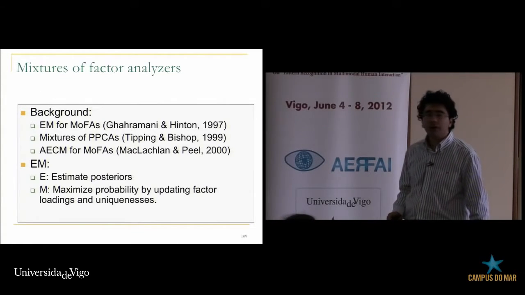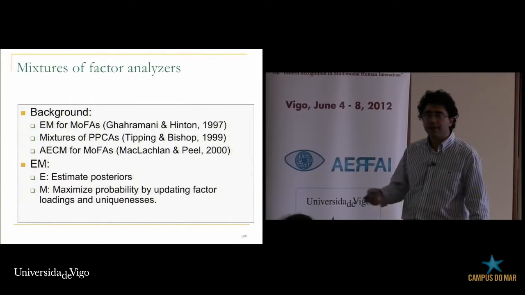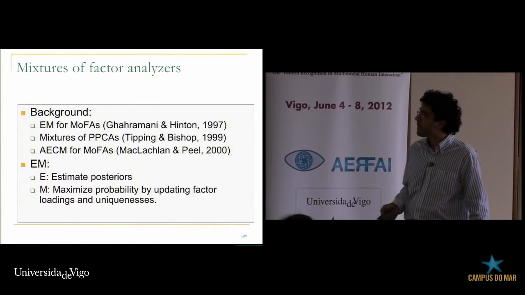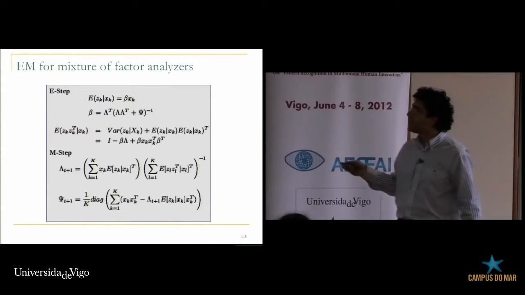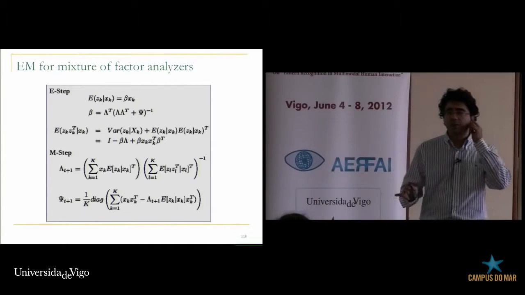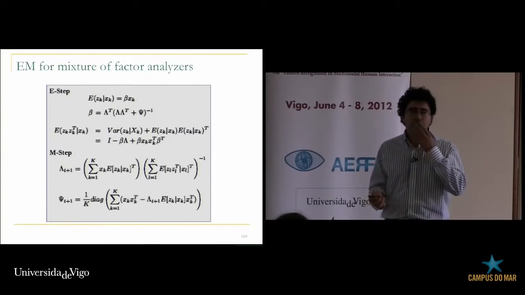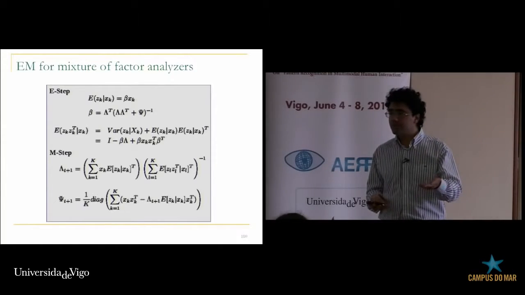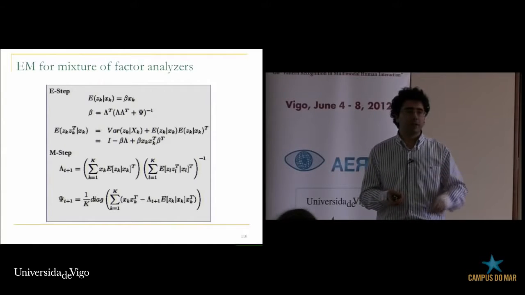There is a way of learning a mixture of factor analyzers for a given data set, which is very similar to mixtures of Gaussians, except that each Gaussian is expressed as a factor analysis model. I'll not go into expectation maximization, but the idea is the same as k-means. I think many people here know k-means, right? In k-means, you first randomly assign means, then you find which point belongs to which mean, and then you update the means.